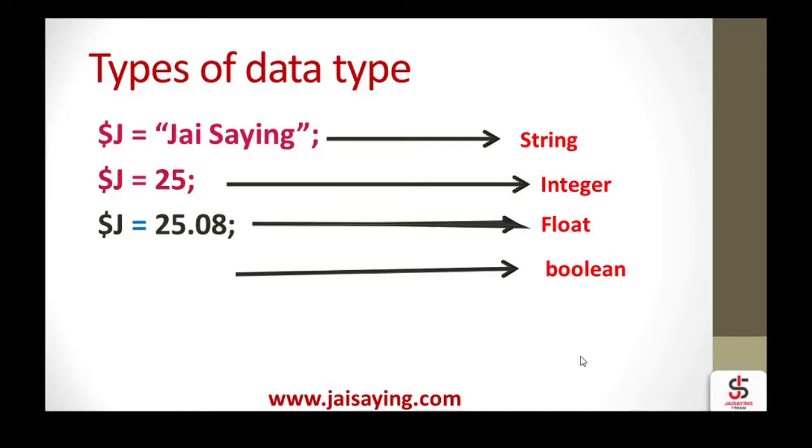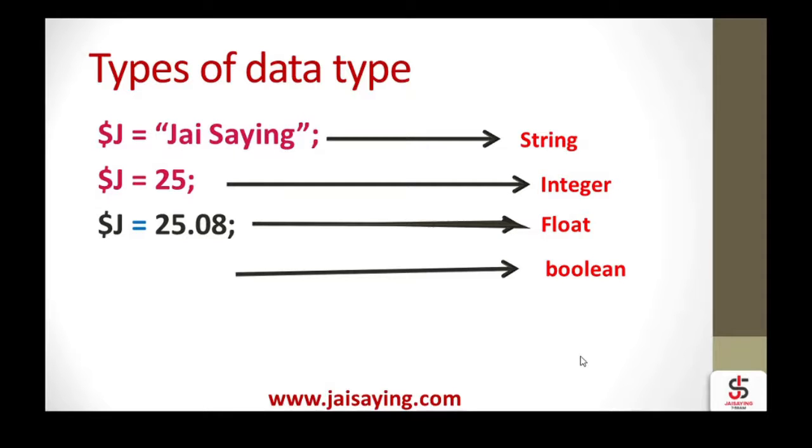Float data type is when we use a point between the value. So if we are going to store a point value in the variable, like 25.08, I am going to store in the $g variable.